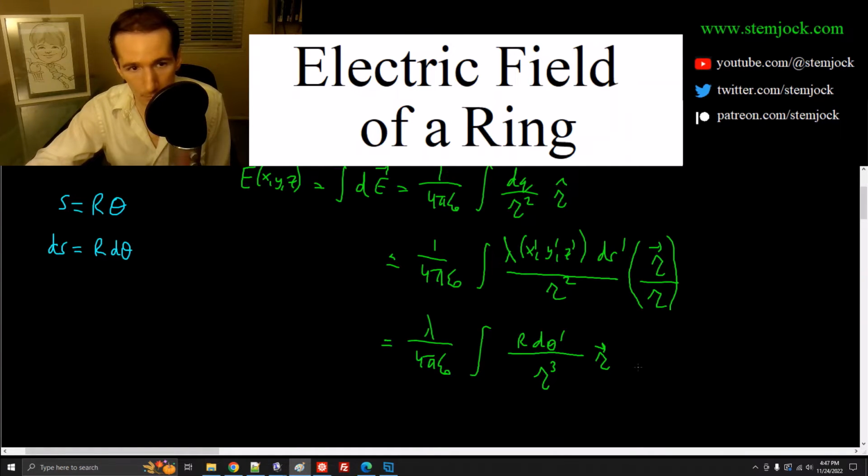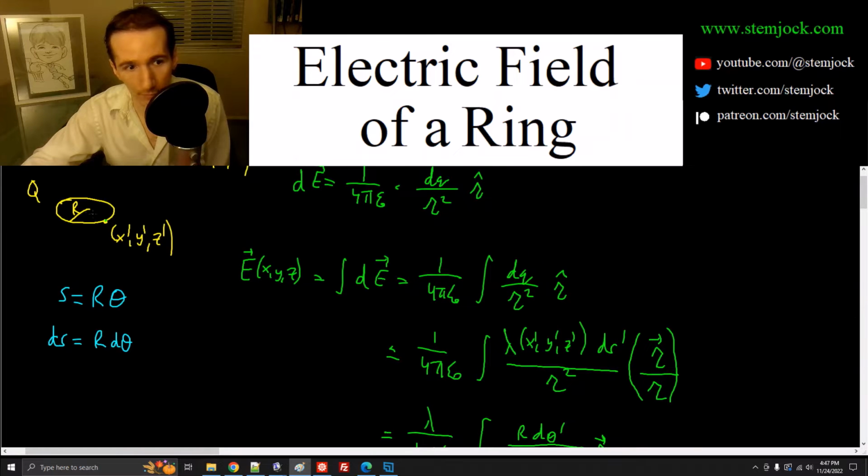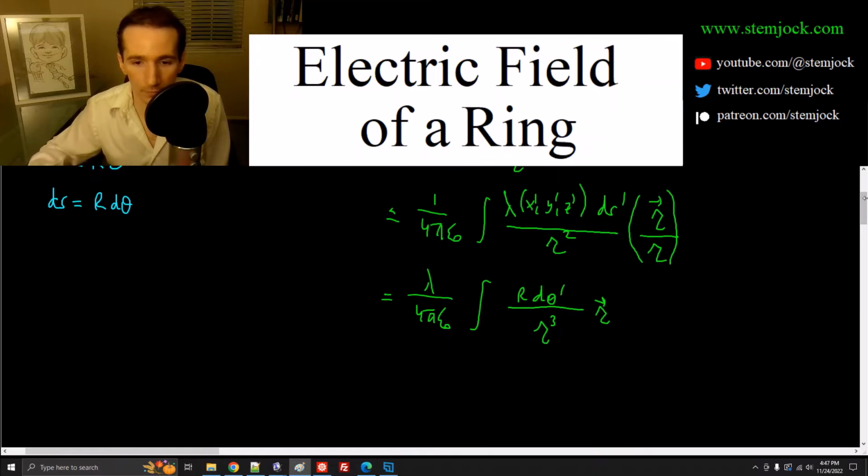This is the position vector from x prime, y prime, z prime to xyz. Now, because we have an entire ring here, the limits of integration are going to be from 0 to 2 pi.